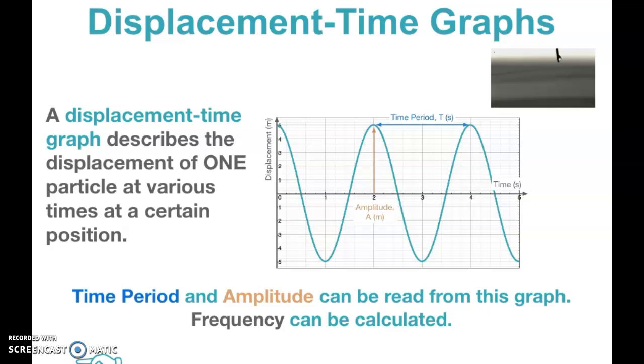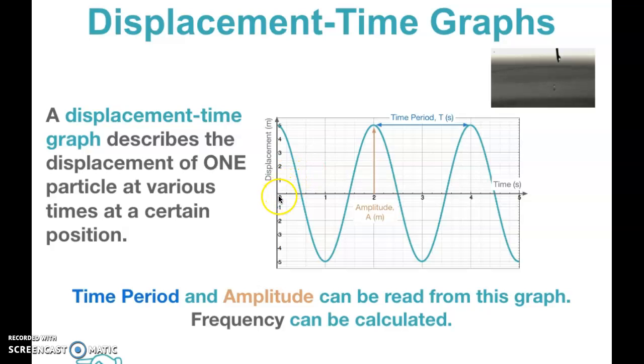The second type of graph is the displacement time graph. Now this gives you the motion of a single particle. So if you look here, maybe one of the water particles, the one in the center, what its motion is over time. As you can see, it moves up and down. So this is a graph of the motion of that one particle. Time period and amplitude can both be measured from one of these graphs.